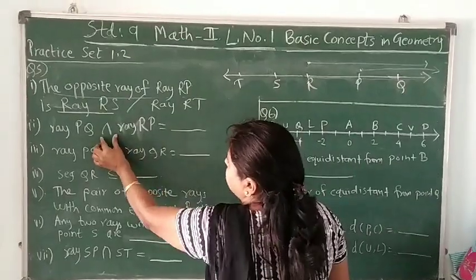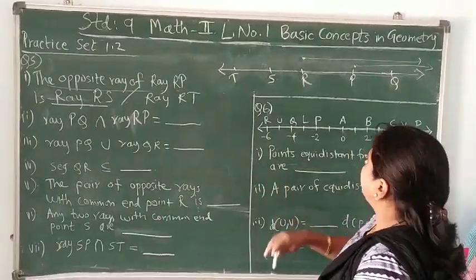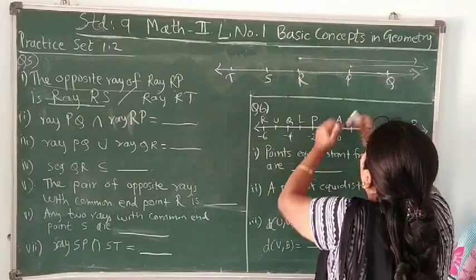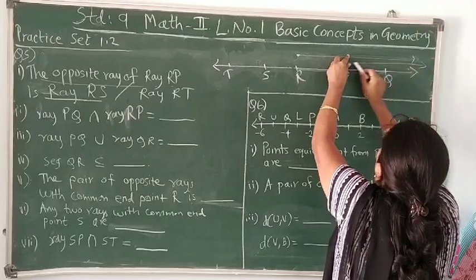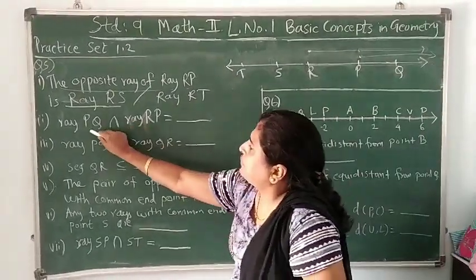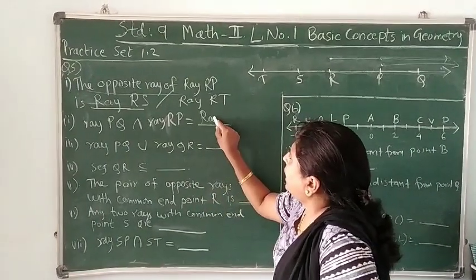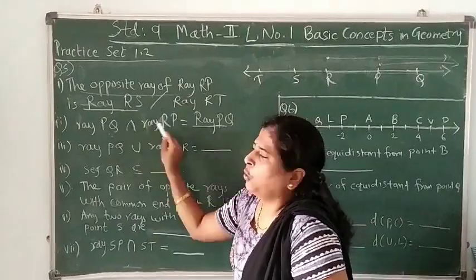What is the intersection? Intersection means common elements which lie on both rays. So this part is uncommon and this part is common. What is the name of this common part? Ray PQ. So the answer of this intersection is ray PQ, which is common to both rays.